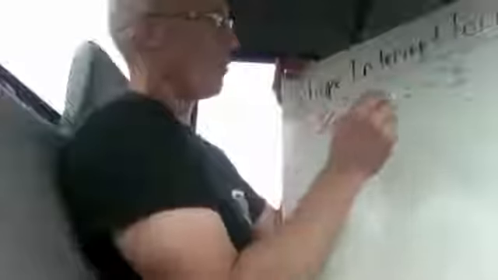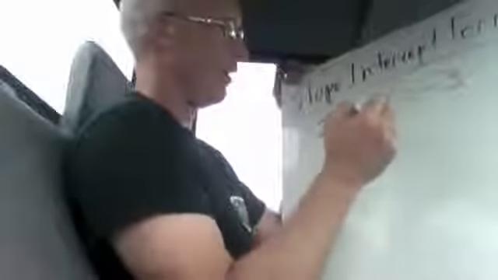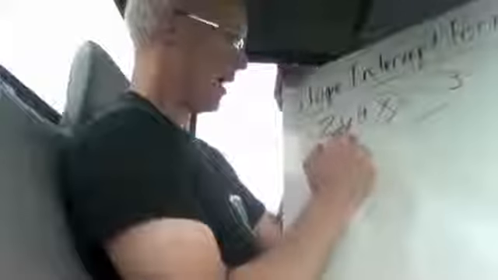First, we're going to put this in slope-intercept form. It's not quite there yet. We're going to move this x to the other side because we want y equals and then all the other stuff on the other side. So we'll just simply move this over. We'll get 2y equals the opposite of x minus 3.